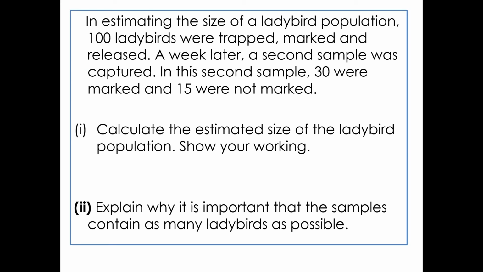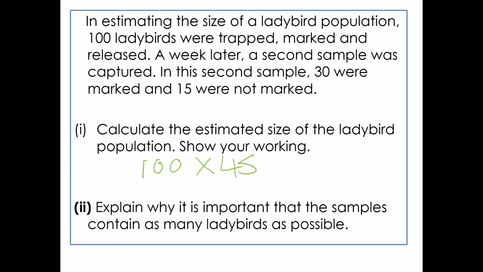Okay, so pause here and have a go at this one. Calculating the estimated size of the ladybird population, showing your working out. There were 100 trapped in the first sample. They were marked and released. A week later, in the second sample, we got 30 that were marked and 15 that weren't.